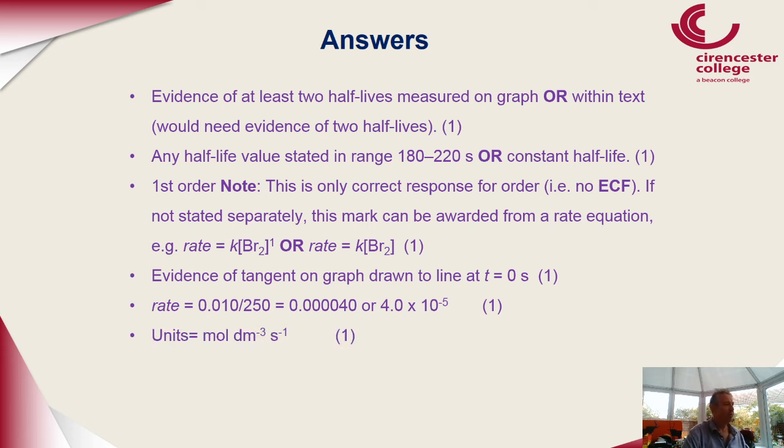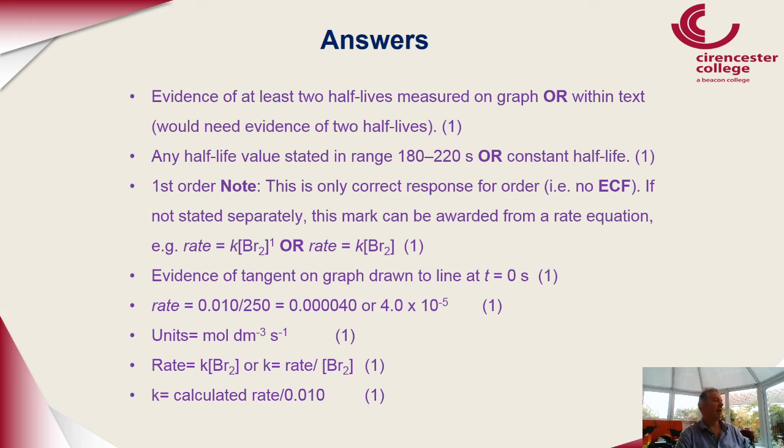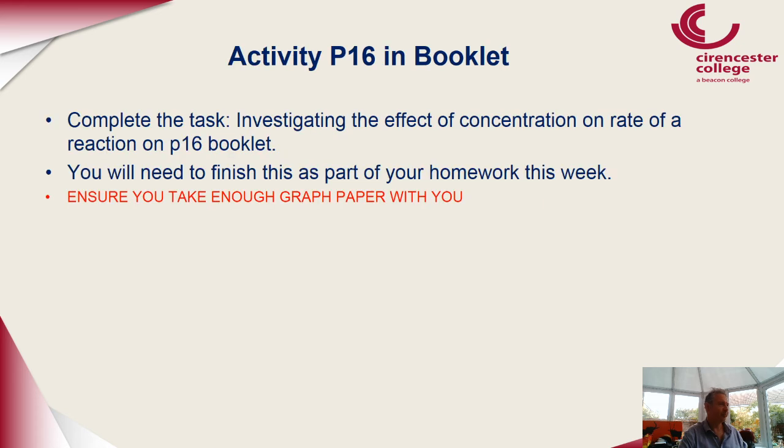Units should be in moles per decimeter cubed per second. In the last lesson you were shown how you could check that. So rate is that, and the calculated rate is going to give you k. And k will have units of seconds to the -1.